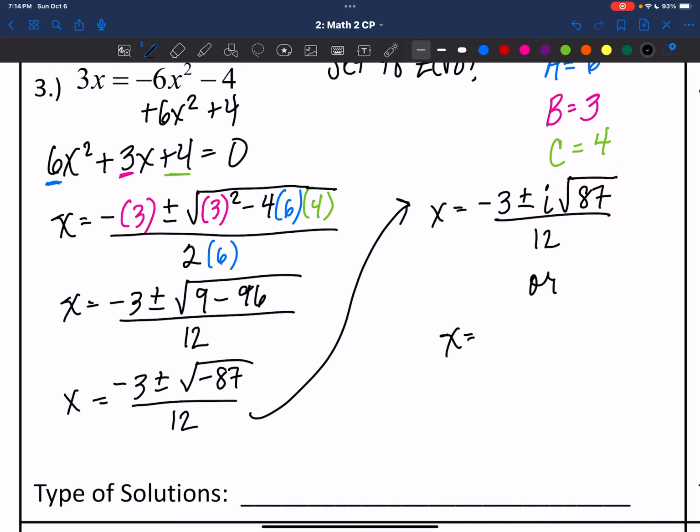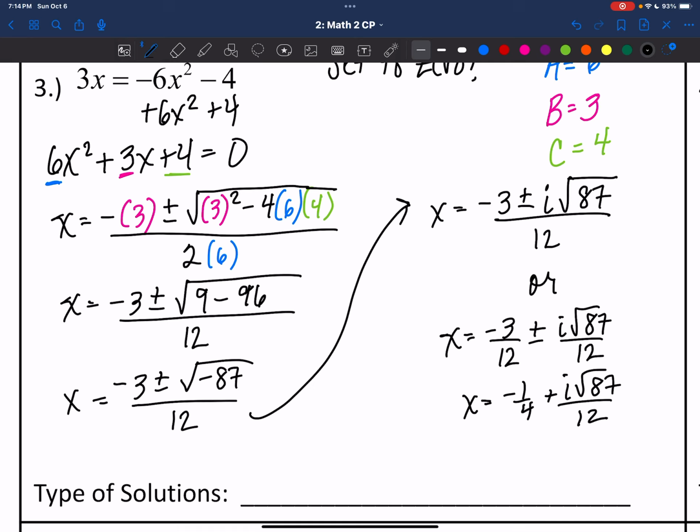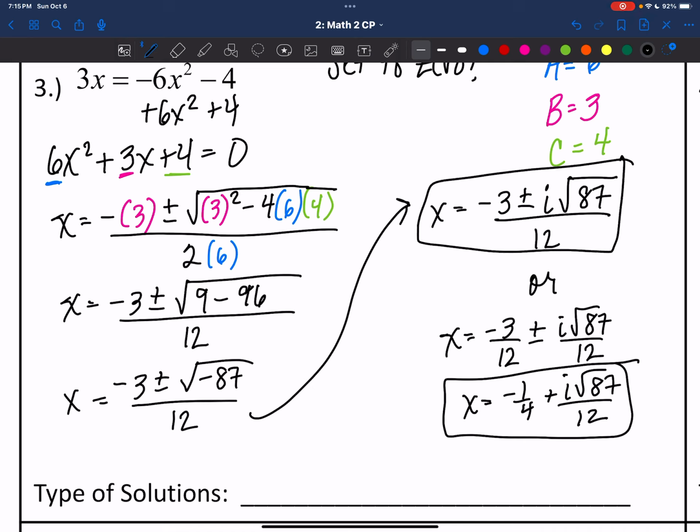So you can break it up and do negative 3 over 12 plus or minus i root 87 over 12. Then this will give you x equals negative 1/4 plus or minus i root 87 over 12. This is also correct, so you could leave it like this, or do it like that.